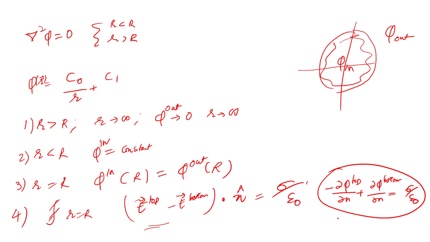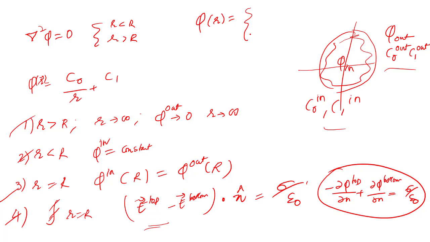This was our fourth and final boundary condition. We had four constants, 2 for in, C0 in, C1 in, 2 for out, C0 out, C1 out. Using these four boundary conditions, we figured out what these constants should be. At the end of the day, phi of R is equal to Q by R for R less than R and Q by R for R greater than R.